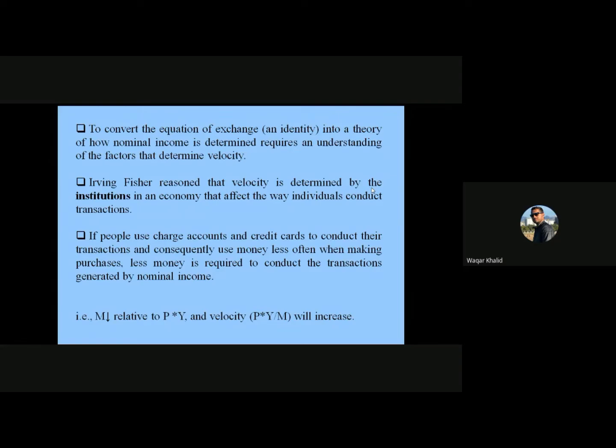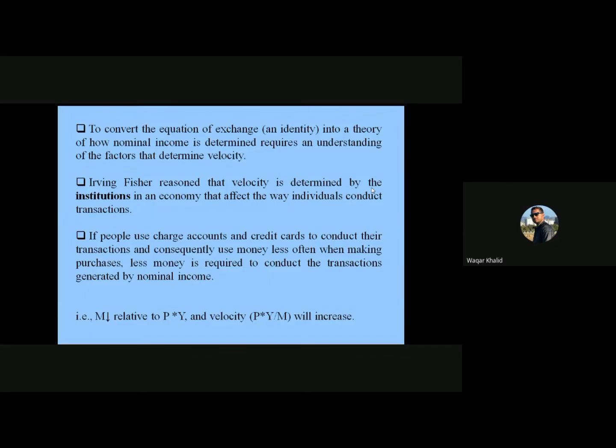They are paying money through the ATM card. If people use charge accounts or credit cards to conduct their transactions and consequently use money less often when making purchases, less money is required to conduct the transactions generated by nominal income. So less money is needed to carry out the particular transaction. It means the amount of money people have will be less.